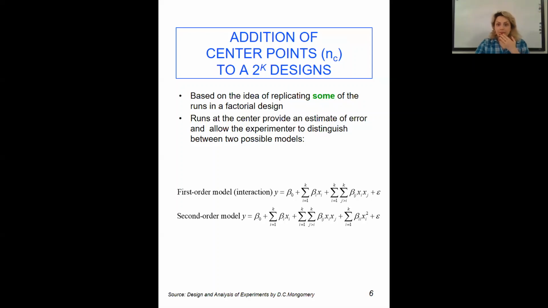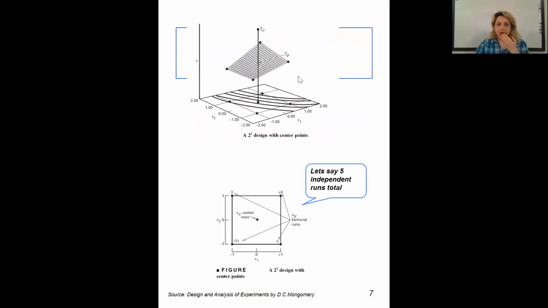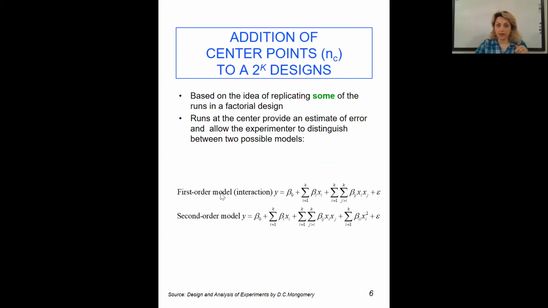Look at here. What we have is just the first order model, with 4 points, and then I'm going to add a center point. So let's say we have 5 independent runs in total. I'm talking about the first model. We are comparing these 2 models.